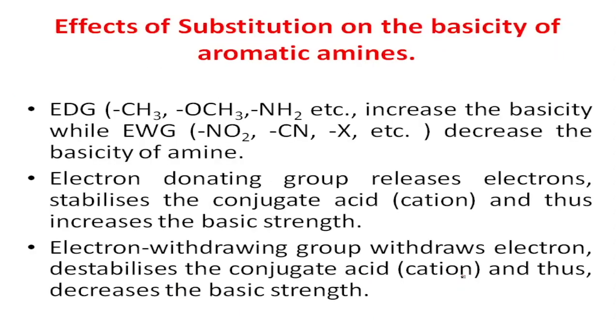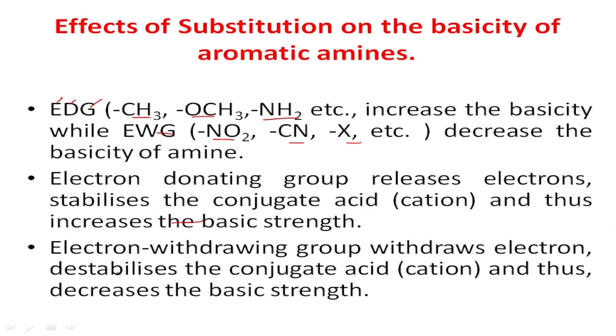Effects of substitution on the basicity of aromatic amines. Electron donating groups (EDG) like methyl, OCH3, NH2 increase the basicity, while electron withdrawing groups like NO2, CN, X decrease the basicity. Why? An electron donating group stabilizes the conjugate acid cation and thus increases the basic strength.